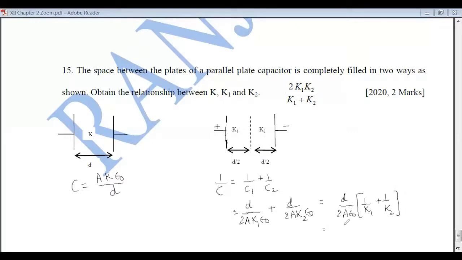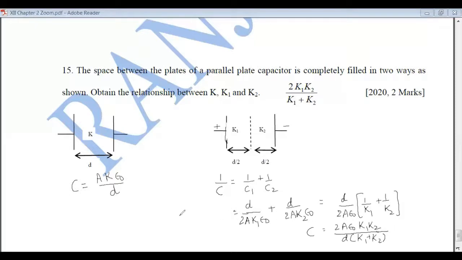Taking the LCM, K1 into K2, and here it will be K1 plus K2. Now this is 1 upon equivalent capacitance, so C will be equal to 2A epsilon naught K1 into K2 upon D into K1 plus K2.